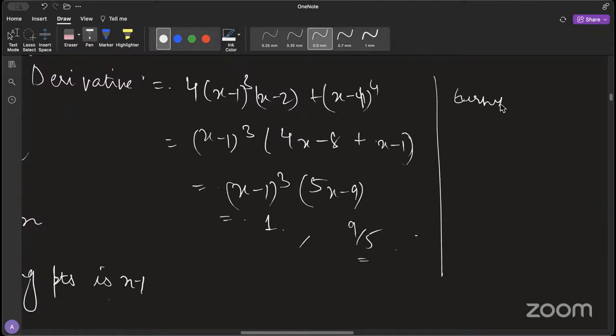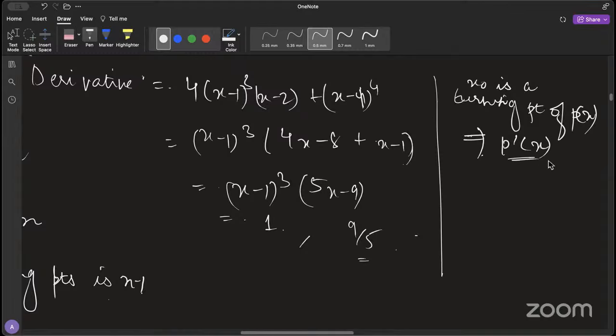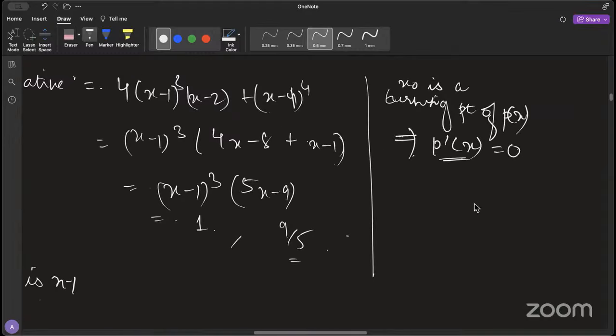Turning point means, so x naught is a turning point of p(x). Now this should mean that your p dash x, the derivative of your polynomial, should be 0. So if x naught is a turning point, your polynomial's derivative should be 0 there.